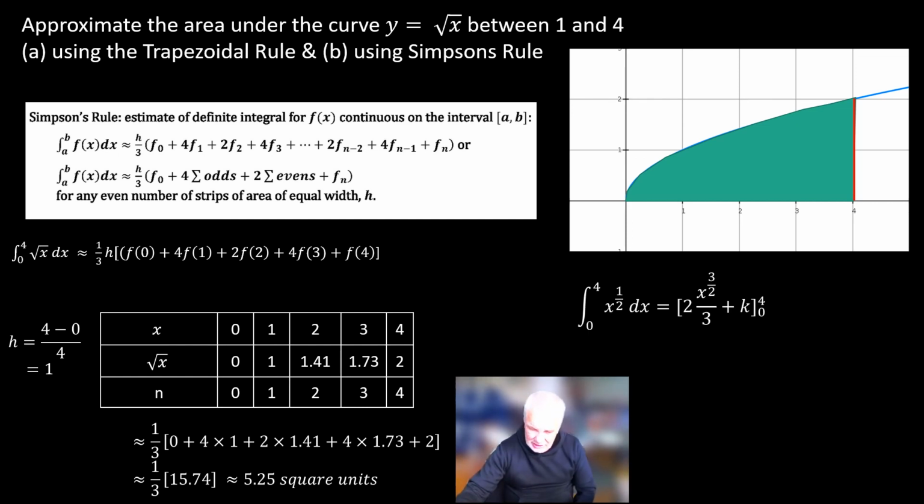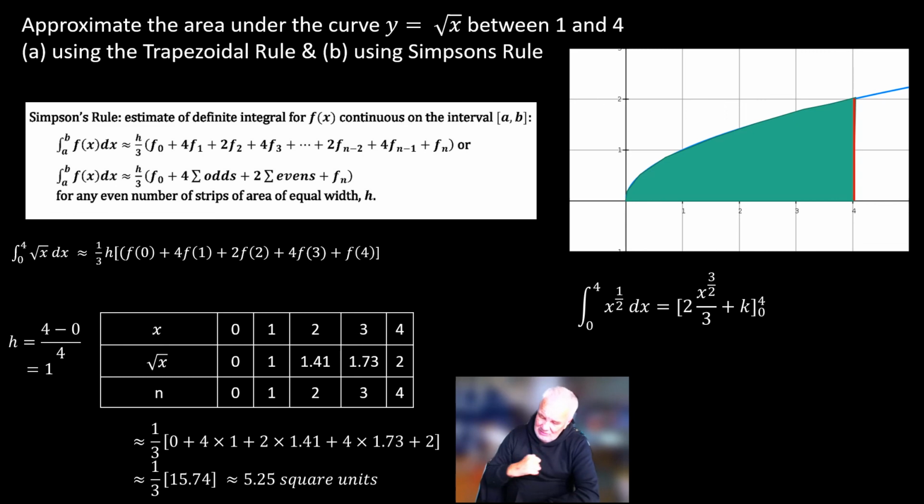And now we can work that out mathematically using an infinite number of strips. That's what we've got here. So we integrate x to the half, or the square root of x, and that integrates to 2x to the power of 3 over 2, all divided by 3 plus k.